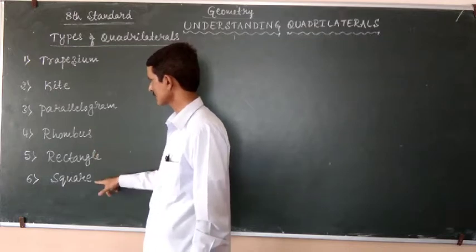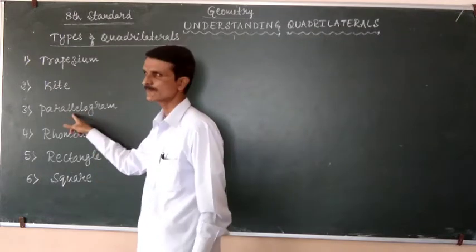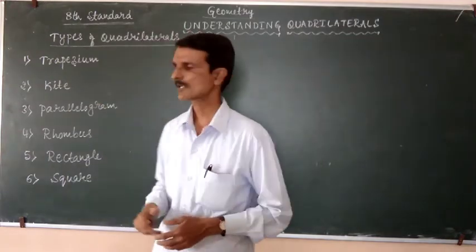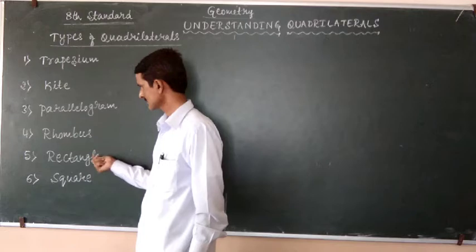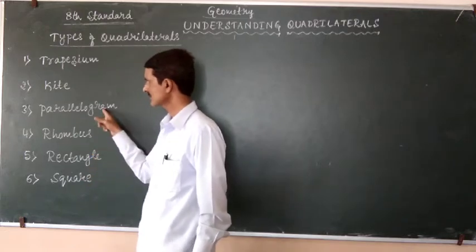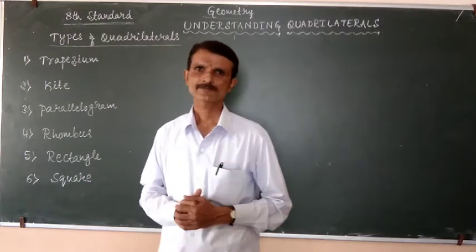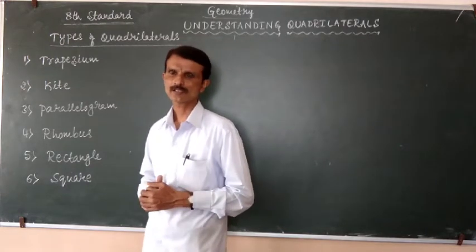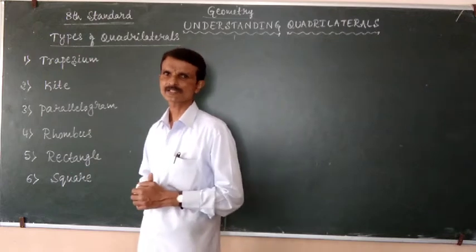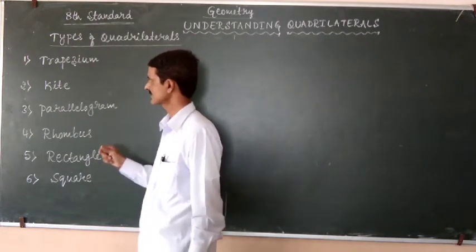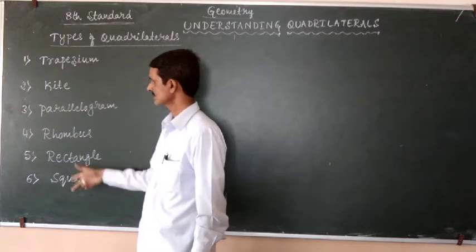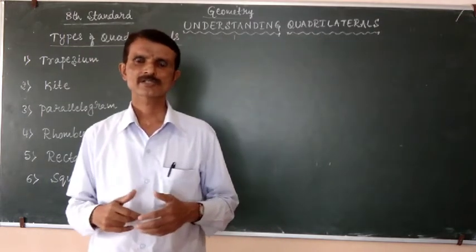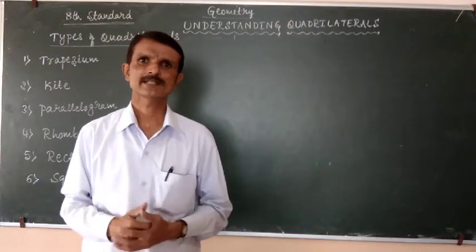Rhombus, rectangle, and square are special types of parallelogram, so they belong to the parallelogram group. On the basis of their properties, there are six types of quadrilaterals in total. Now we shall see them one by one.